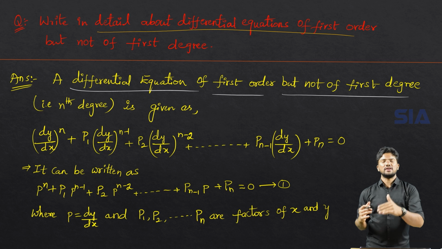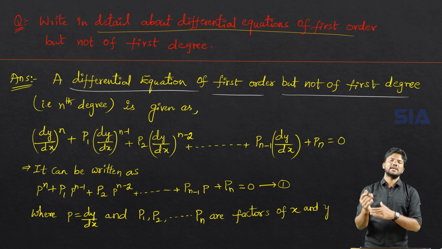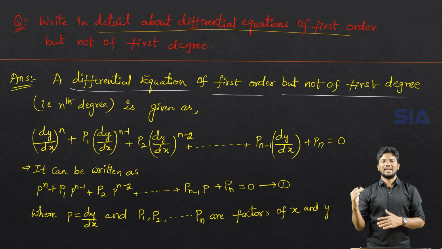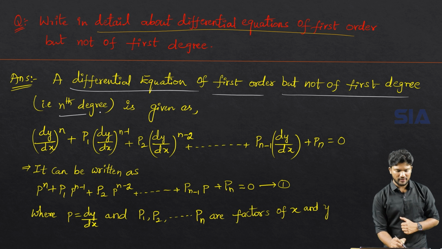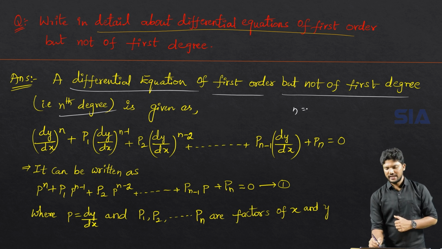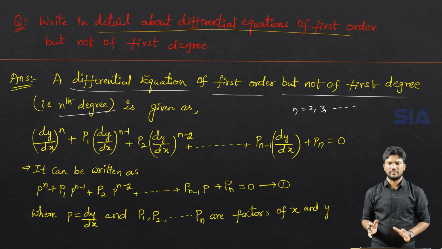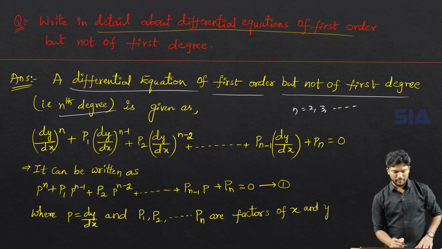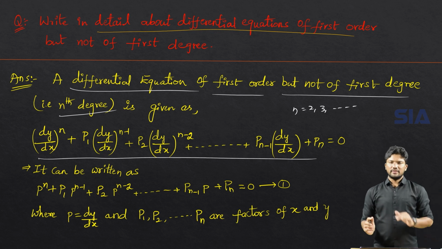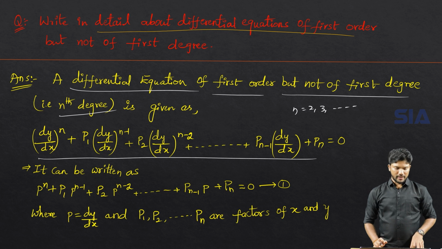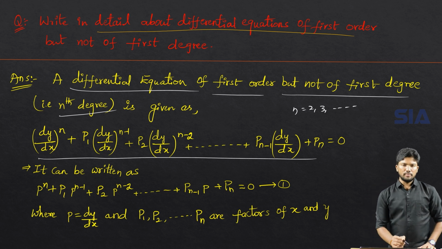Not of first degree means you can take n equal to 2, 3 and so on. The last degree is the nth degree. In general, an nth degree differential equation of first order is given by (dy/dx)^n.